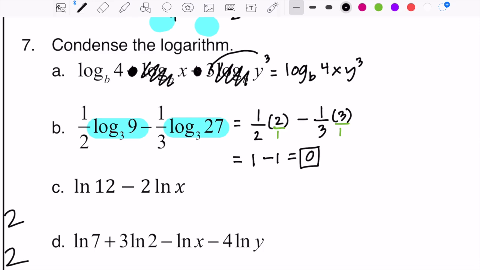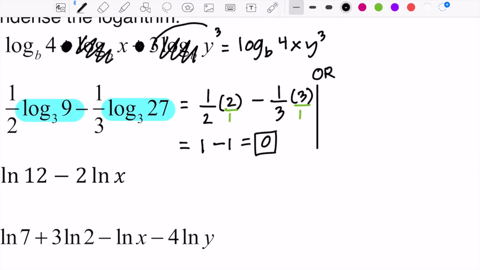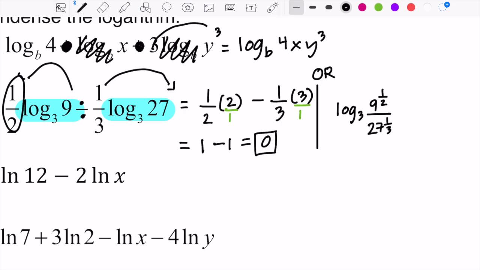If you wanted to actually condense first, the other way that you could do this, which is always good to see because you don't know what you're going to feel like doing, is you would go log base 3 of 9 to the 1/2 divided by 27 to the 1/3. Because this 1/2 comes up, minus is division, the 1/3 comes up, and we only write the logarithm once.